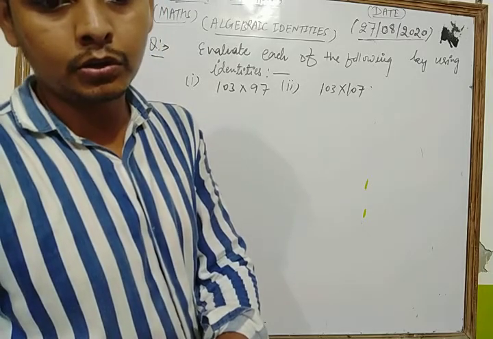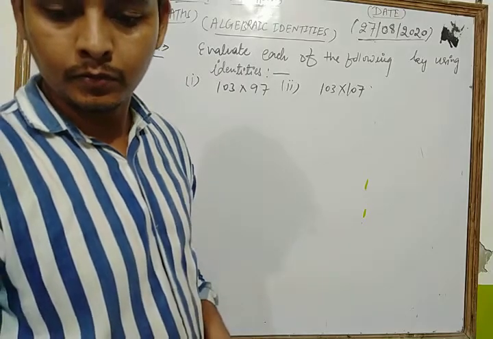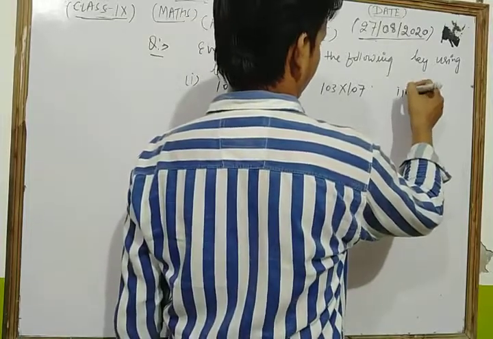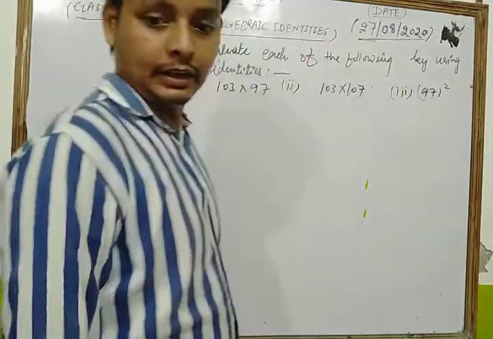The next question of this part is 97 whole square.